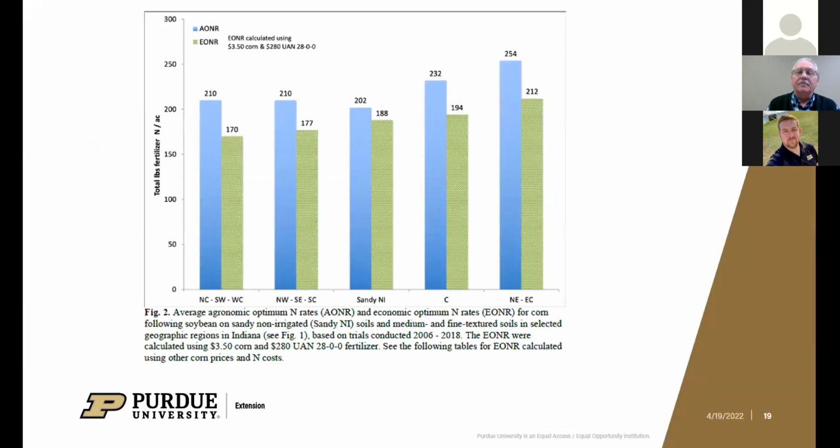Here's just another example of looking at the agronomic optimum versus economic optimum at different prices. This is old data, so the prices are even more different. There's probably more of a difference now as we look at increased nutrient costs.